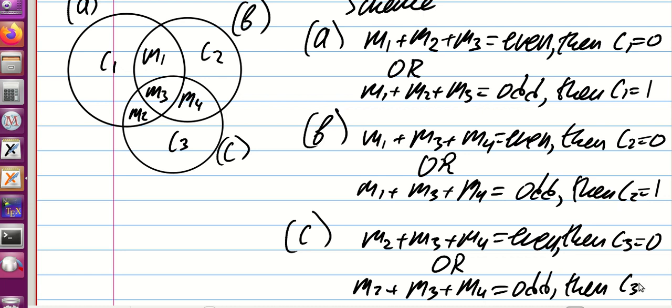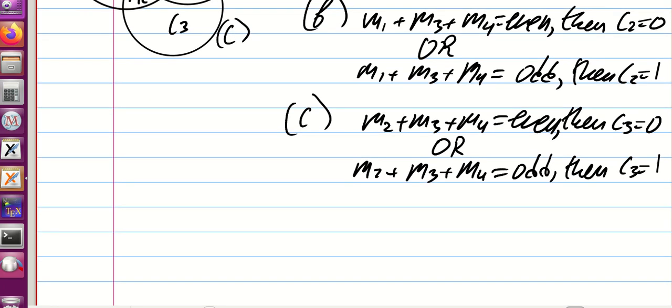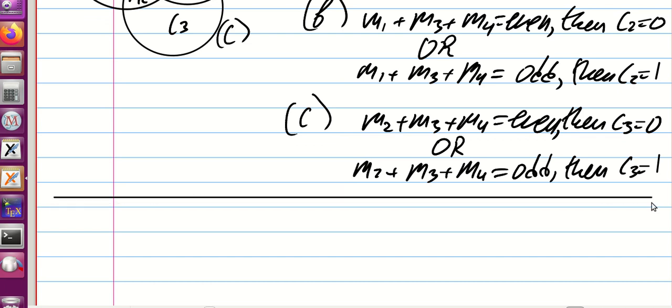Then C3 has to be 1. So that's our scheme. There is nothing special about it. This is relatively simple for computer to handle. So let's look how we can do it just by using algebra without using Venn diagrams.